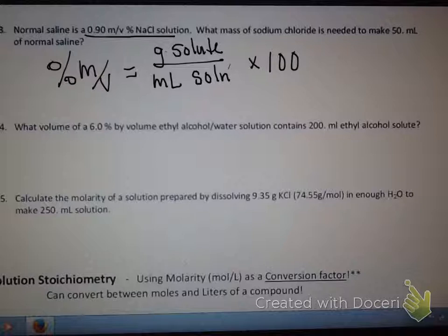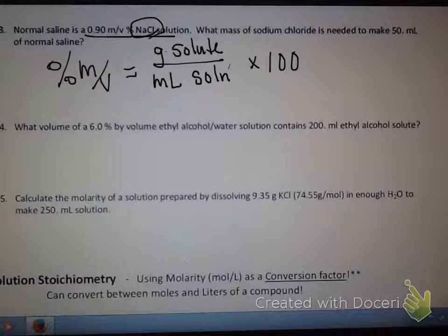Alright, so in a normal saline solution, what is the solute and what is the solvent? We see here that we have sodium chloride. Whenever you're given the percent and you have the agent down there, like percent sodium chloride, that's always the solute that's given.